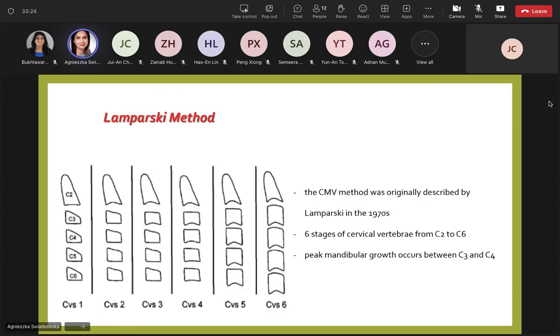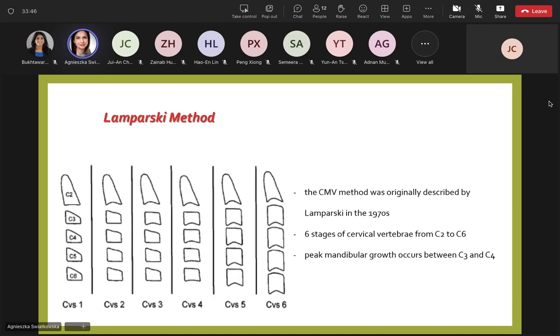The first method was the cervical vertebral maturation method, found and described by Lamparski in the 1970s.